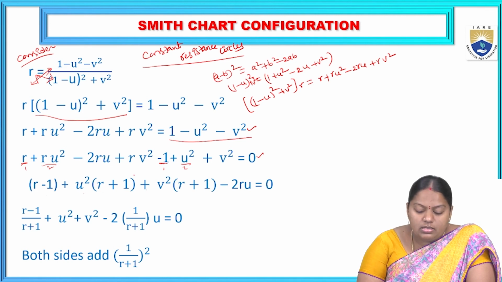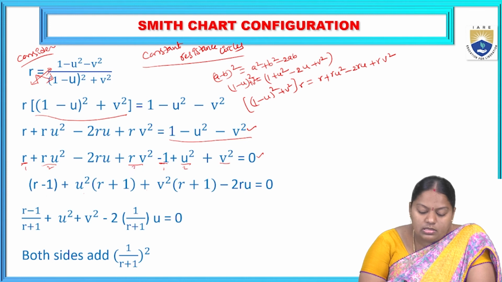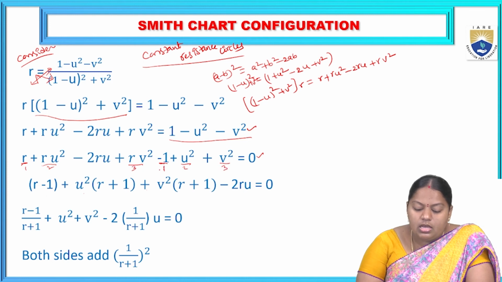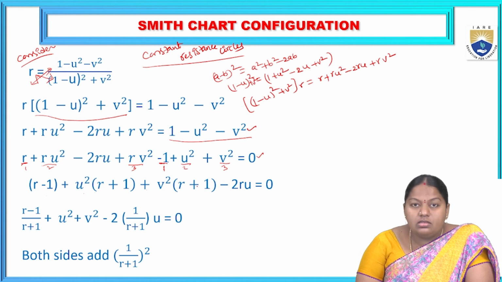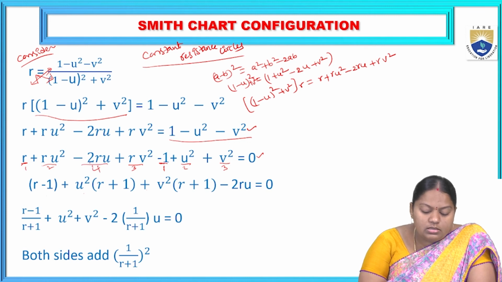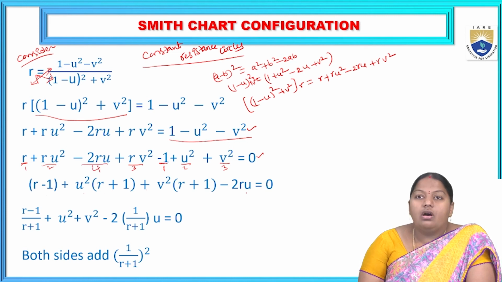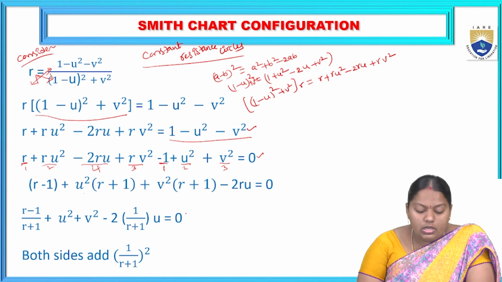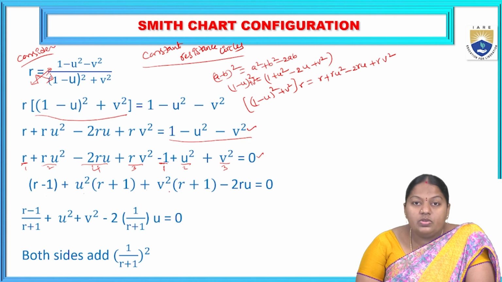Plus, in order to consider v square as common, r v square and v square, between these two terms, if you take v square as common, r plus 1. Then minus, which is left out, only this term, that is minus 2r into u. Okay, so (r minus 1) plus u square into (r plus 1) plus v square into (r plus 1) minus 2r into u equal to 0.